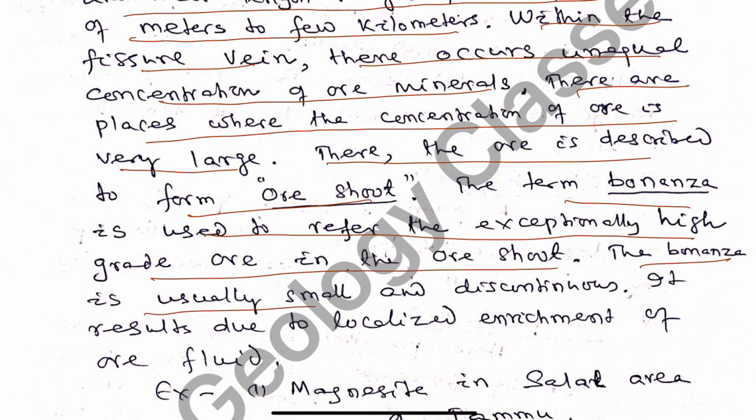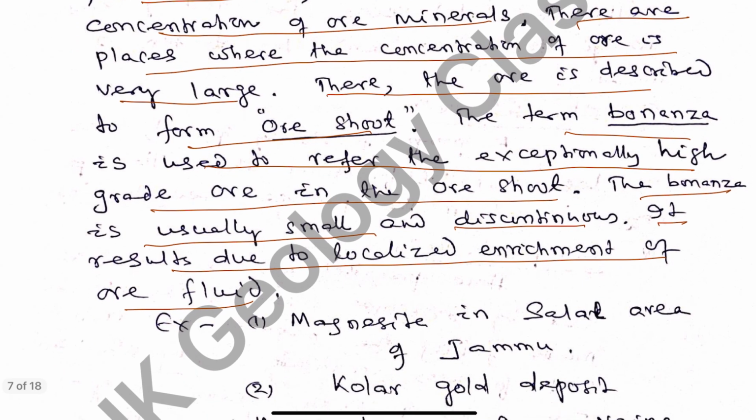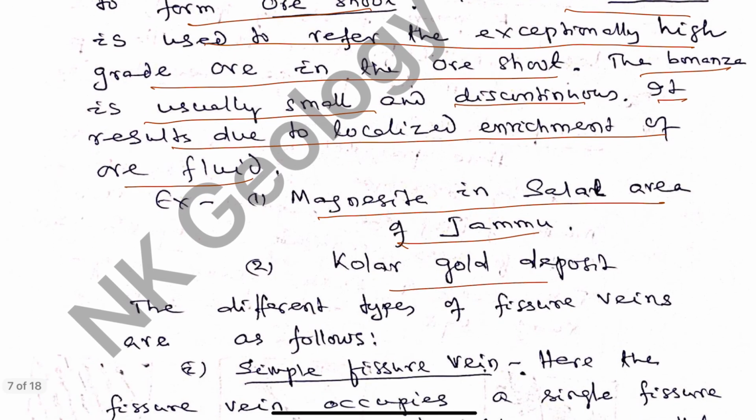The bonanza is usually small and discontinuous. It results due to localized enrichment of the ore fluid with the metallic components. Example, magnesite in Salal area of Jammu, Kolar gold deposit.